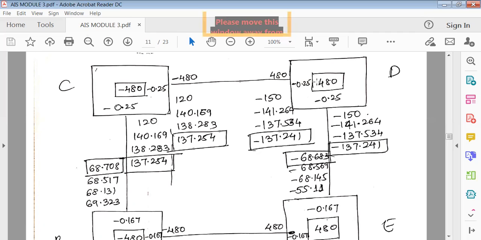Then come to the next joint D. Joint D connects DC as well as DE. So the same procedure. First the moment in joint D, that is 480. Then from the previous step which you have calculated, 480 plus 140.169. Then plus what you have calculated from E, you have to take the moment from E, so it is minus 55.11.